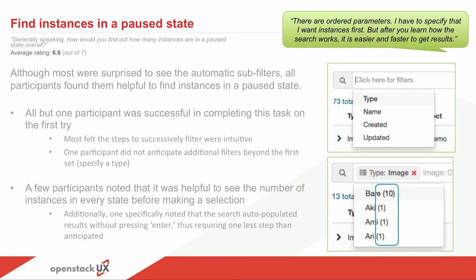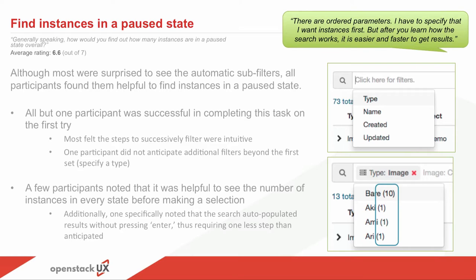We didn't have a screenshot for this particular task, but as you can see here circled, you can tell that there are a certain number of resources that fit each category. Participants really liked having that information before they committed their search because they were able to verify that the results were as they expected.